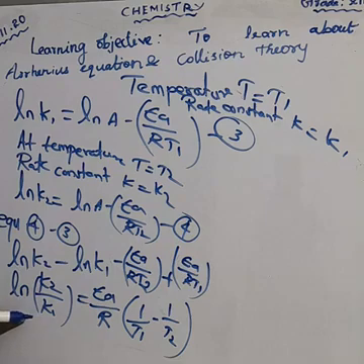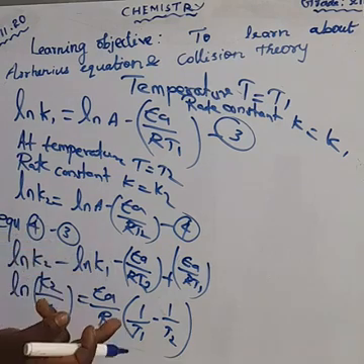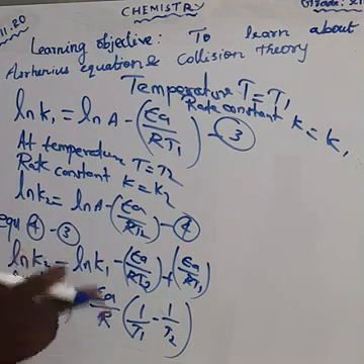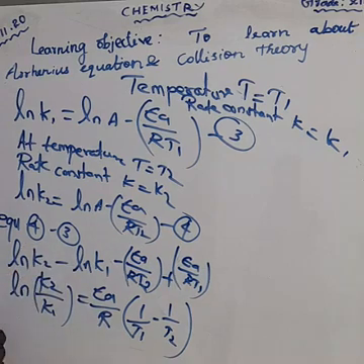Here ln is converted to log by multiplying by 2.303.